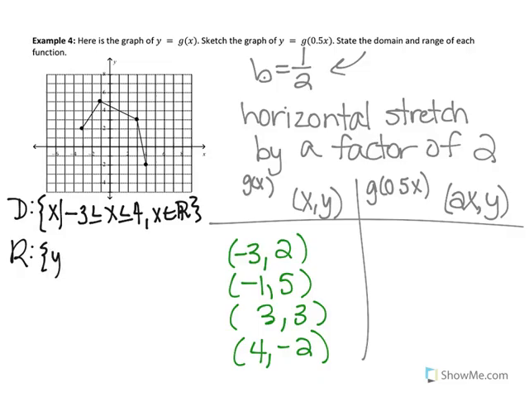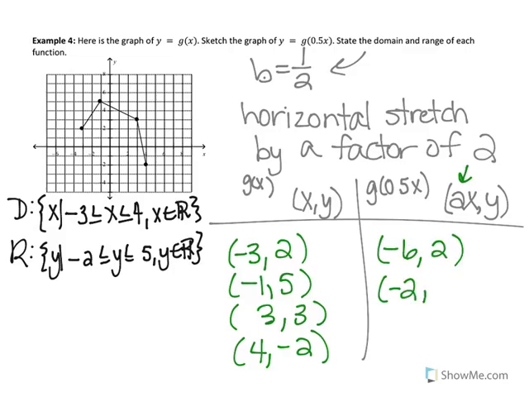Our range, our lowest y value is -2, and our highest y value is 5. Okay, back to this. We have our points. We're going to change it by doubling our x values. So this will become -6 and 2, -2 and 5, 6 and 3, and 8 and -2.